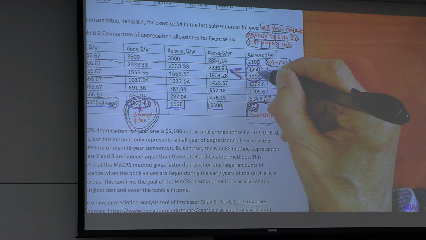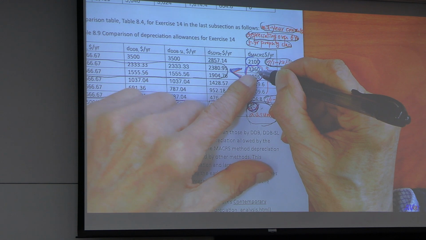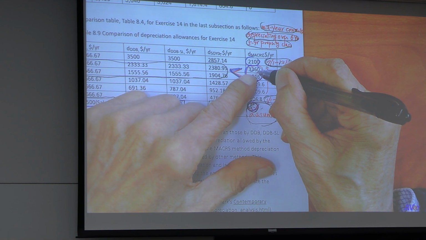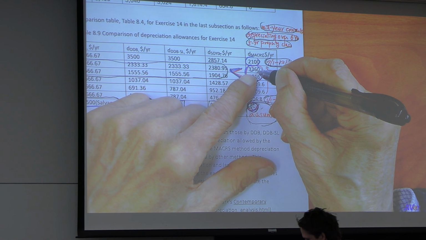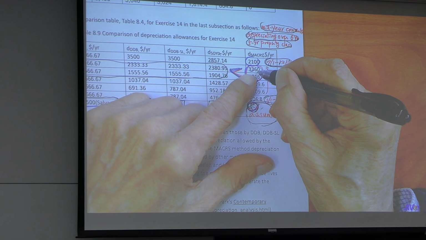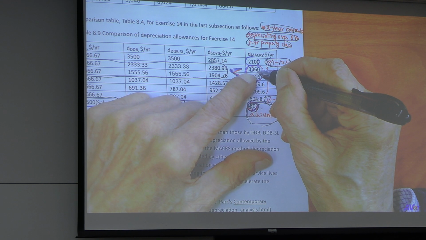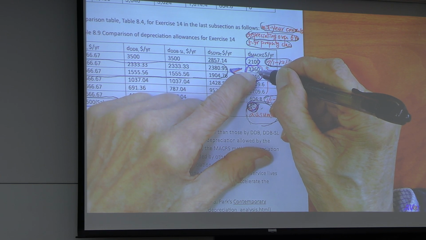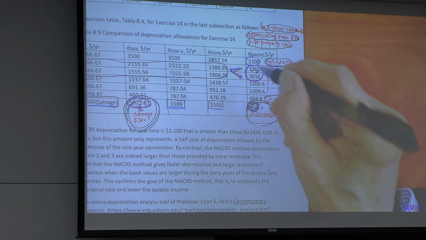That's why we favor this method. Why? Larger depreciation, less taxable income. You pay less income tax. Your after-tax income larger. Okay? That is this.